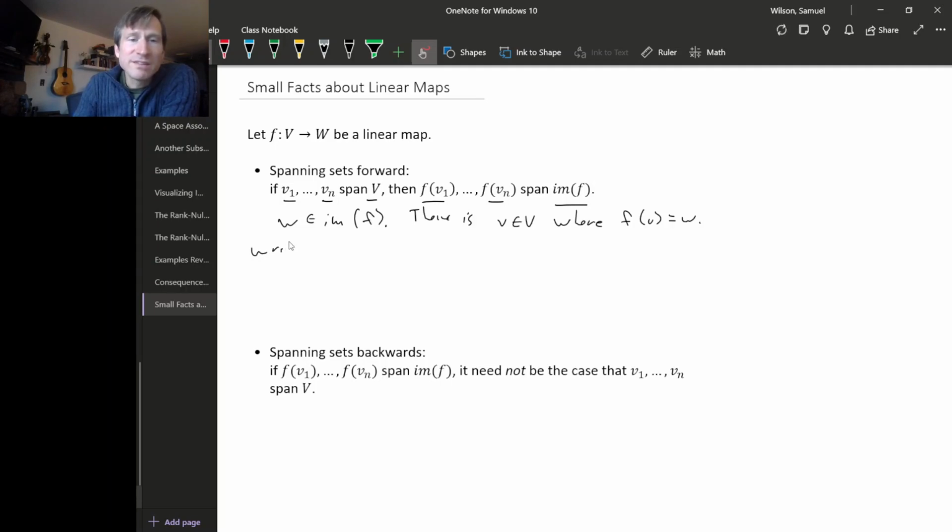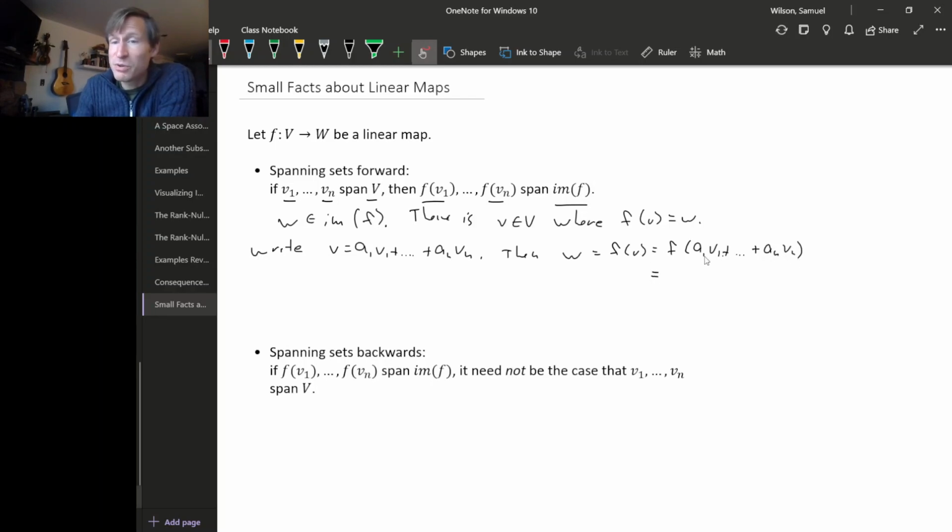But we have a basis for V. Well, we have a spanning set for V, right? We don't necessarily know it's a basis, but we have a spanning set for V, so we know we can write v in terms of that spanning set. So write v equals a1 v1 plus dot dot dot down to an vn. Then we know that w is f of v, but v is a1 v1 plus dot dot dot down to an vn.